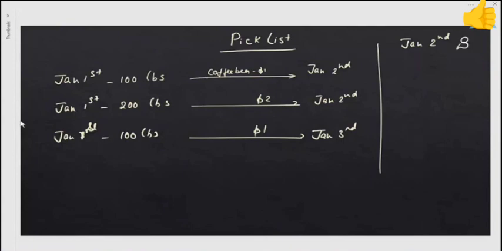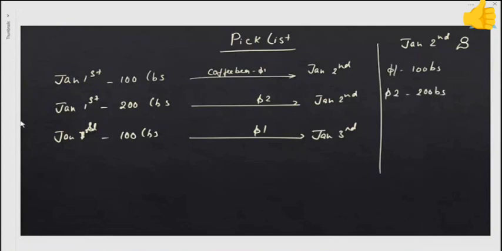It takes time. So on Jan 2nd, when the warehouse manager comes into the warehouse, it would be nice if he gets a list that tells him that on January 2nd, I need coffee beans O1, 100 pounds, coffee beans O2, 200 pounds.